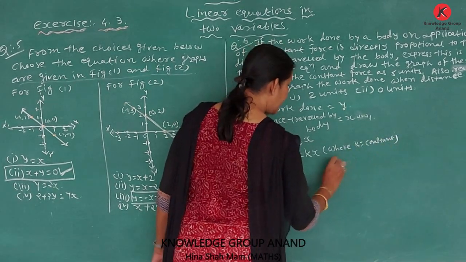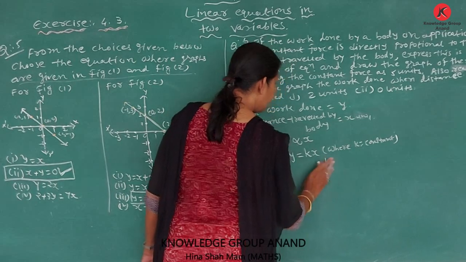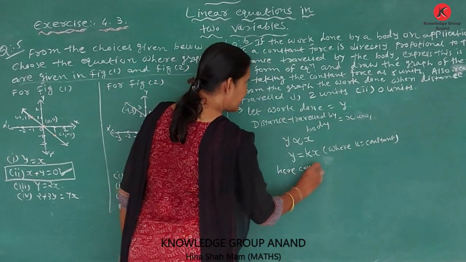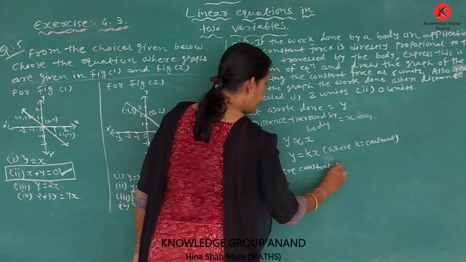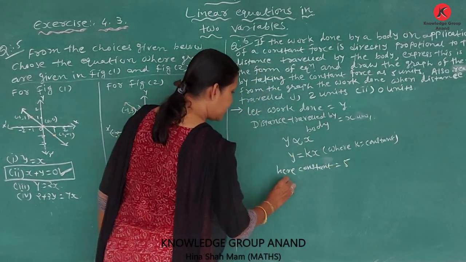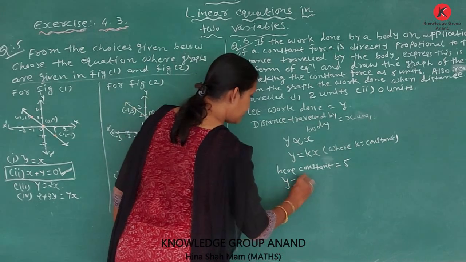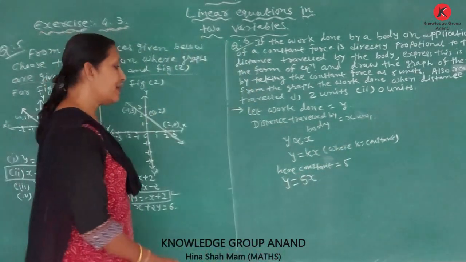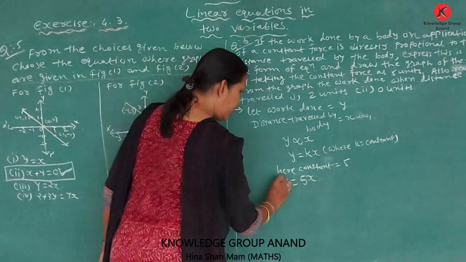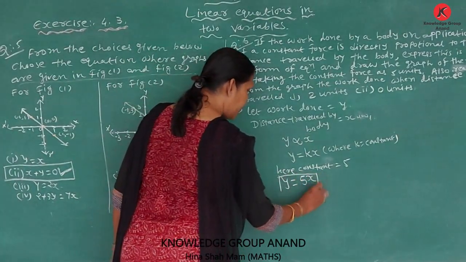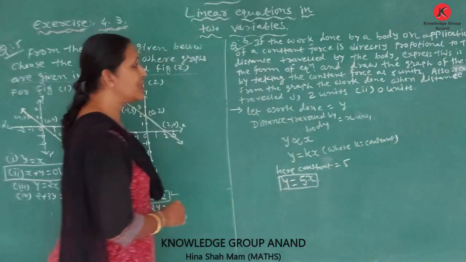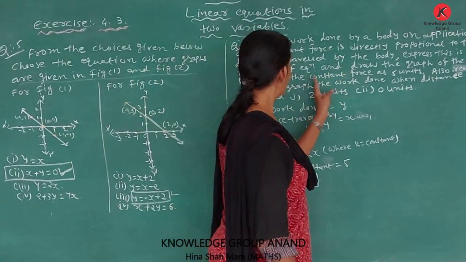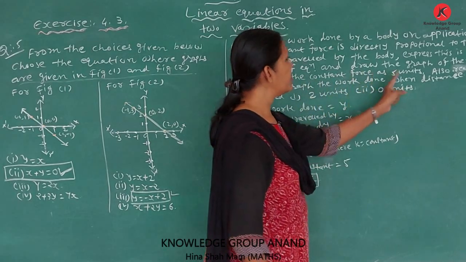Here the constant is equal to 5. Therefore the equation is y is equal to 5x, putting the value of the constant, since we are given the constant force as 5.